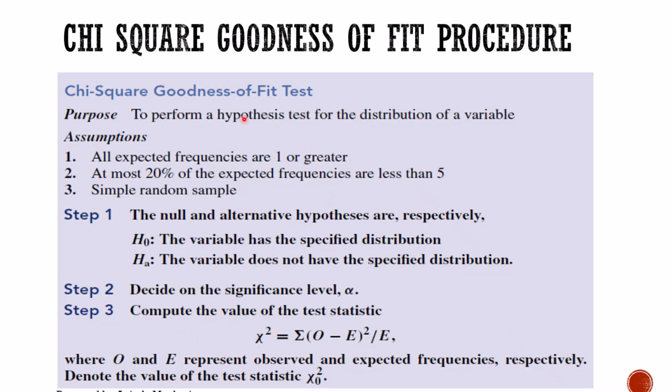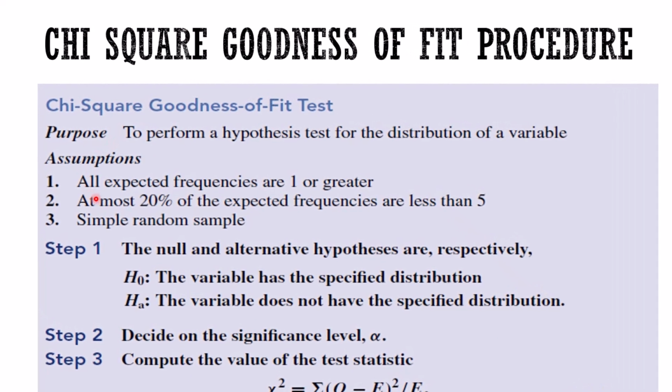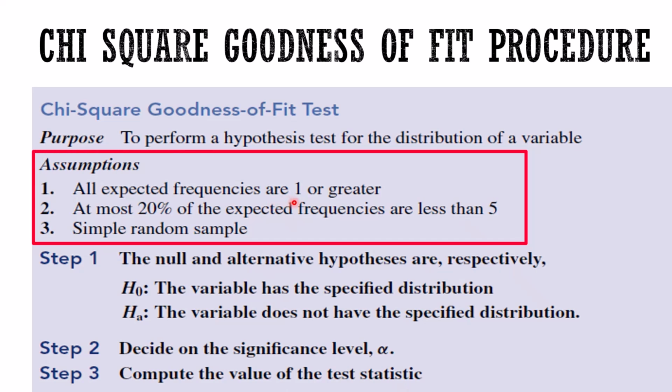We'll start with the assumptions. The first one says all expected frequencies are greater than or equal to 1. We will be calculating our expected frequencies using the formula N times P. However, once we have the values, we have to make sure that there are no expected frequencies equal to 0. They have to be 1 or more.